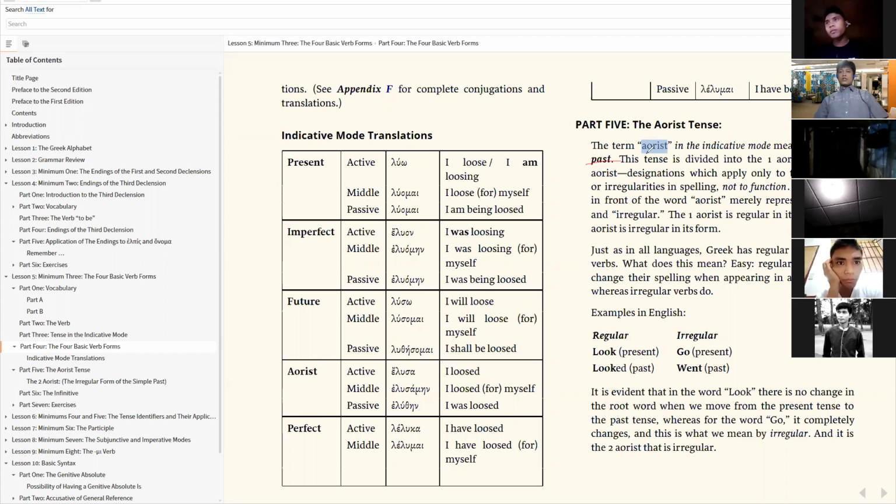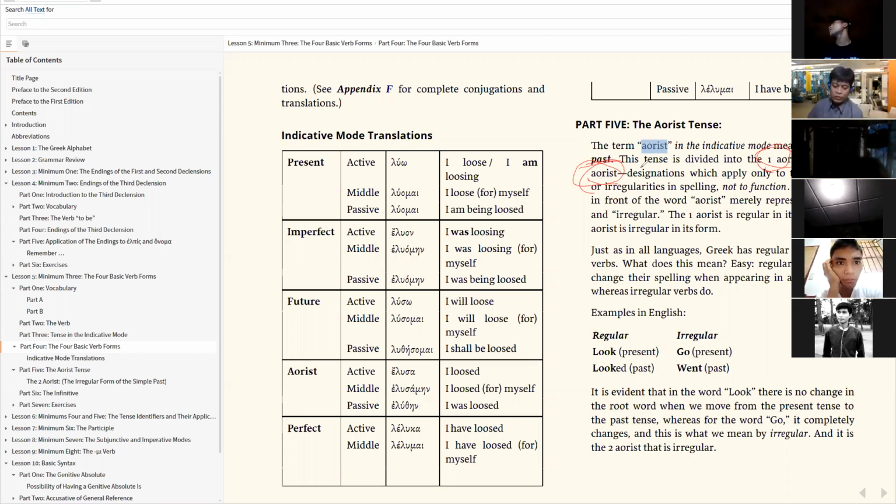All right, of course, the aorist is divided into two, the first aorist and the second aorist. There's no difference in the translations there. It's still simple past, okay?